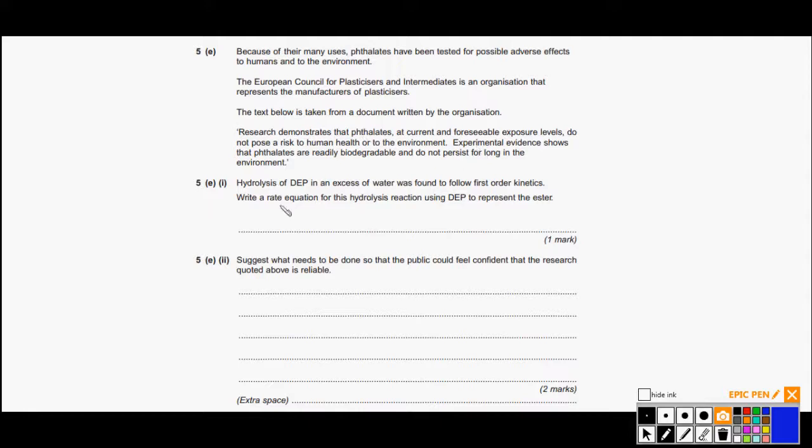Now, you need to really read this question. It's saying first-order kinetics, so at first you're thinking H2O and DEP in the rate equation, but if we have rate equals k[DEP][H2O], if we look at our indices, there's 1 here and 1 here, so we end up having a second order reaction.